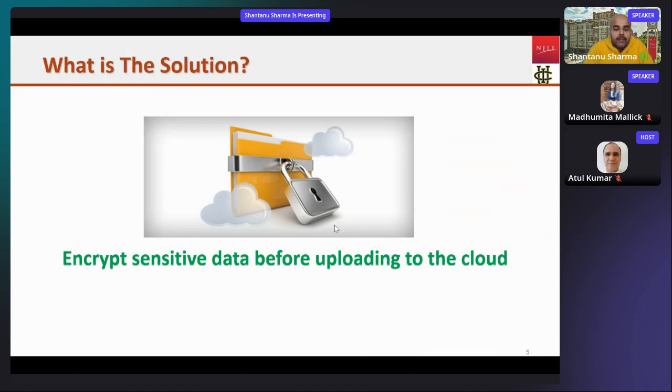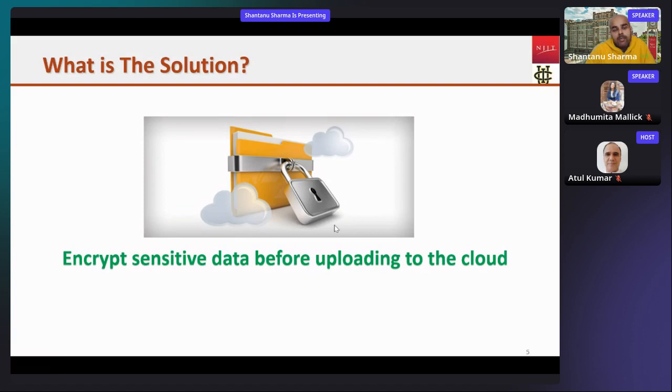So what is the gold standard solution? The only approach is: encrypt your entire data set, store it at the cloud side, and it will be secure. And we think that this will work, because we are using cryptographic techniques, so no one can access it. But there are some chances that people can still access our data and see what is happening over it.